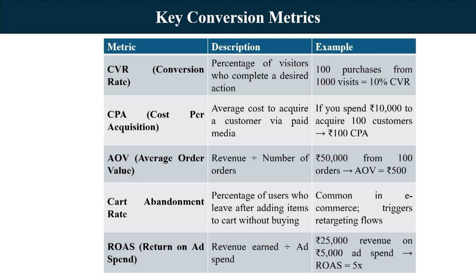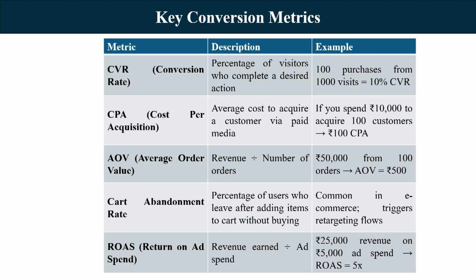Now, next one is the average order value. What is an average order value? How much an average customer is spending on an average transaction? It is the total revenue generated from a marketing initiative divided by the number of customers that are generated from that marketing initiative, right.